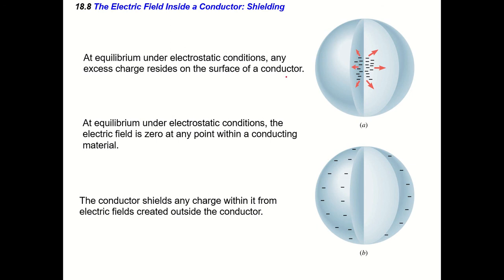At equilibrium under electrostatic conditions, the electric field inside is 0. So remember this, the electric field is 0 at equilibrium. The conductor shields any charge within it from electric fields created outside the conductor. Okay, so remember these 3 concepts.